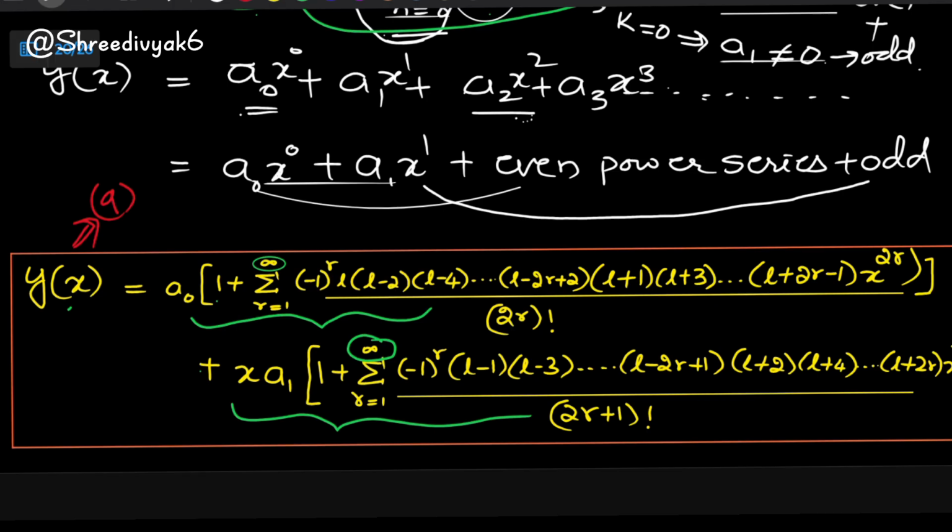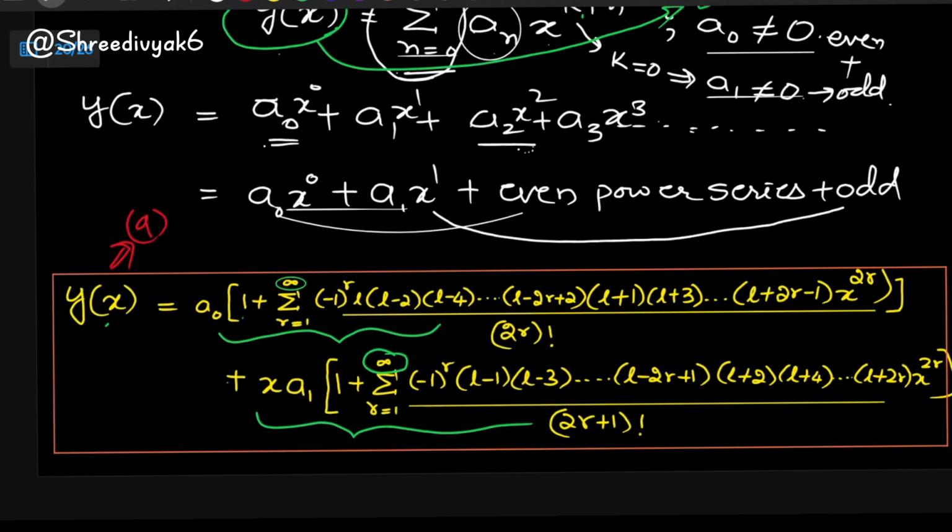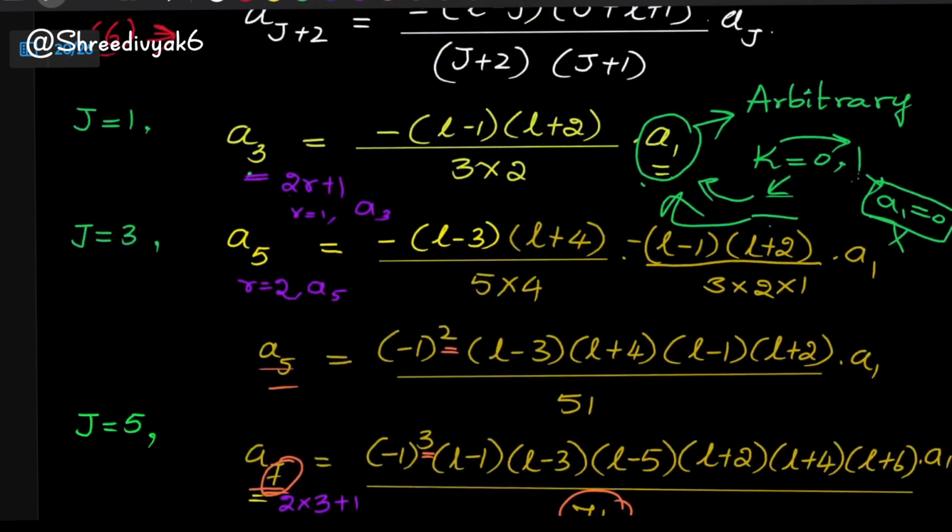So what we are going to do is take the descending powers of x and write a single finite series, and we treat that series as a solution to the Legendre differential equation. So let us consider the descending powers of x. Now for that, we are just going to modify this recursion relation.